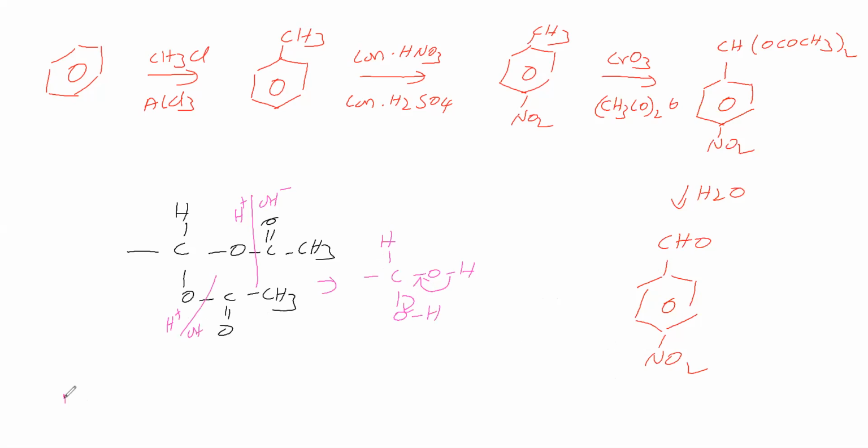So the next conversion is benzene into para-bromo-nitrobenzene. We take benzene and treat it for bromination. Bromination is electrophilic substitution, and the electrophile is Br plus.